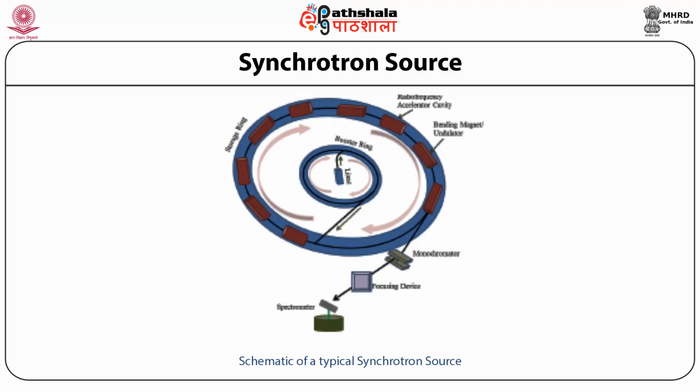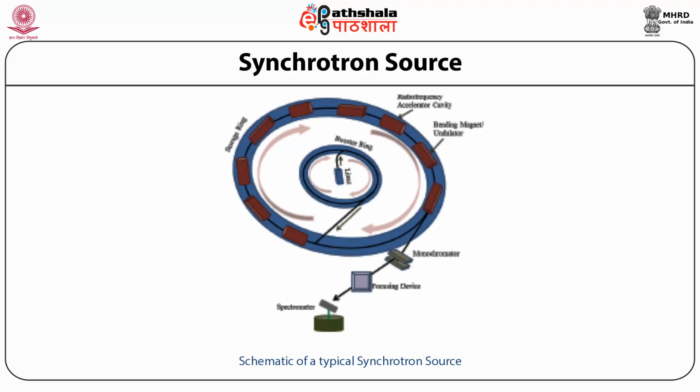It first of all consists of the generation of electrons, which is then passed into the LINAC, where the electron is given high energy, which feeds the electrons to the booster ring and then finally to the storage ring.